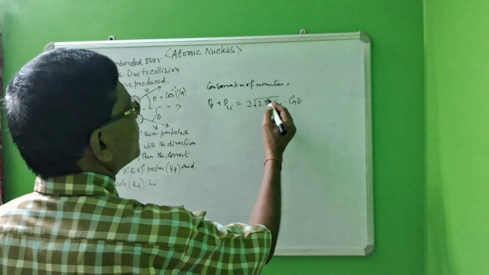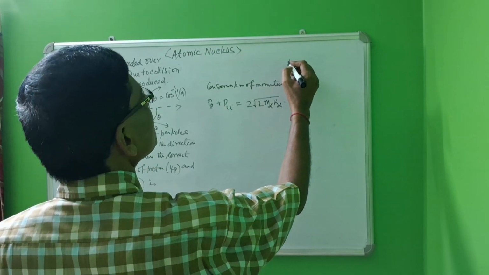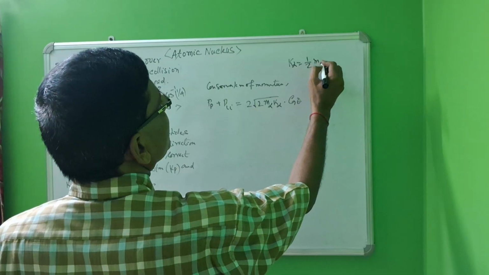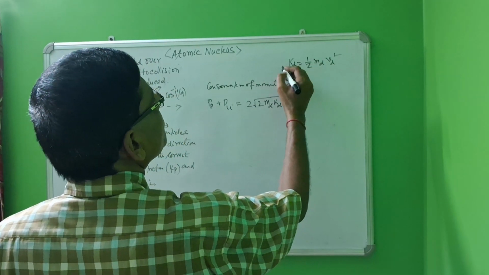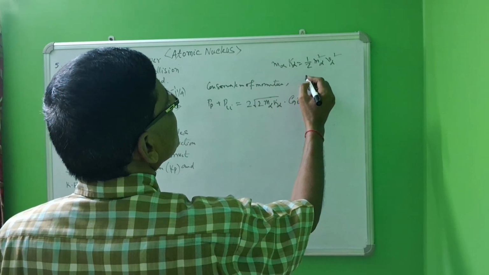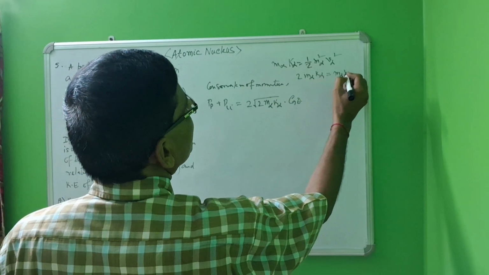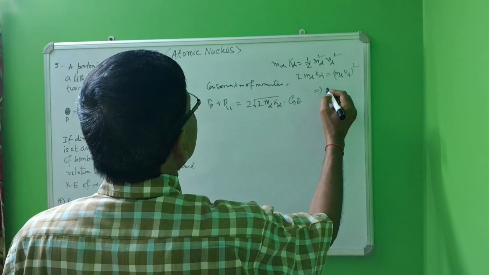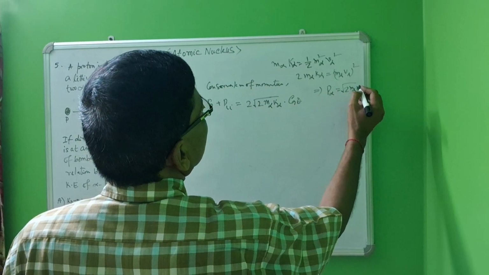So here is 2, and why this? We know K alpha equals half m alpha into V alpha square. Multiplying both sides by m alpha, twice m alpha k alpha equals m alpha V alpha square, from which we get P alpha equals root over twice m alpha k alpha.